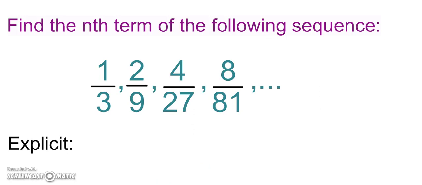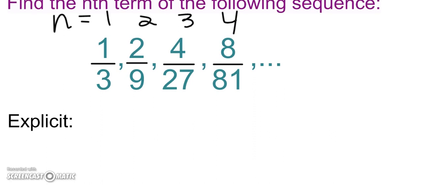Alright, this time we have our fractions. And in your hints, we said look for a pattern in the numerator, then a pattern in the denominator. Okay, so we're going to think about this as two separate pieces. We need to find a pattern in the numerator and then a pattern in the denominator.